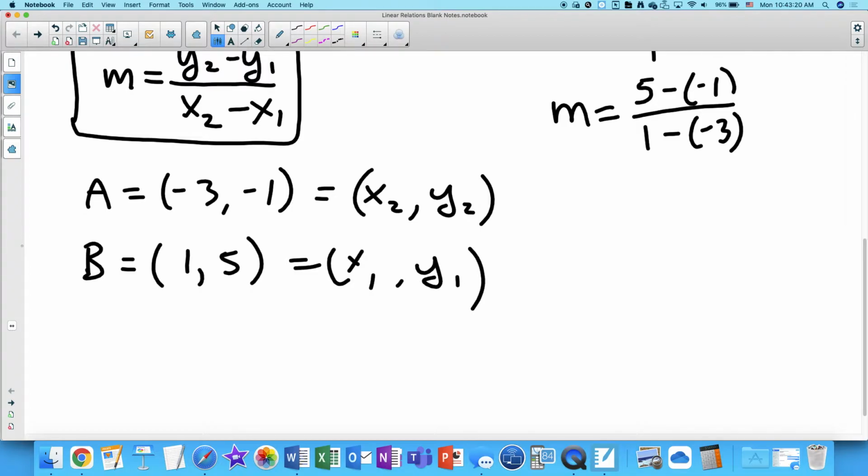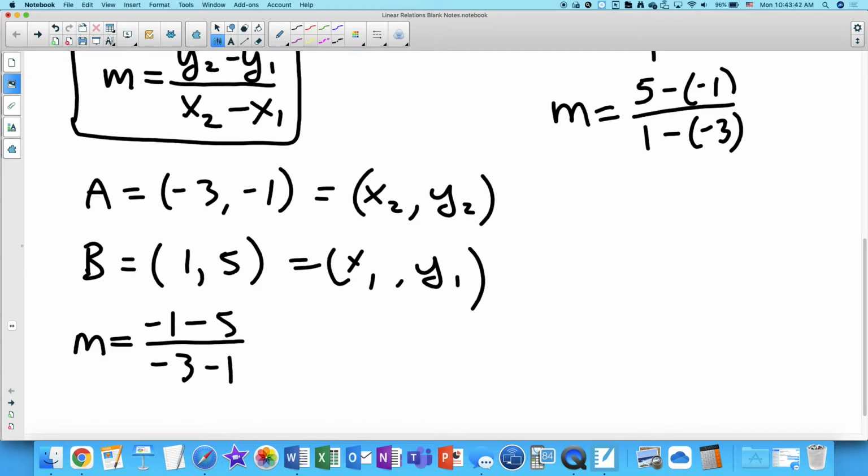Because before I had it in the opposite order. Well now the slope is y2 minus y1, so that's -1 minus 5 over x2 minus x1, -3 minus 1.